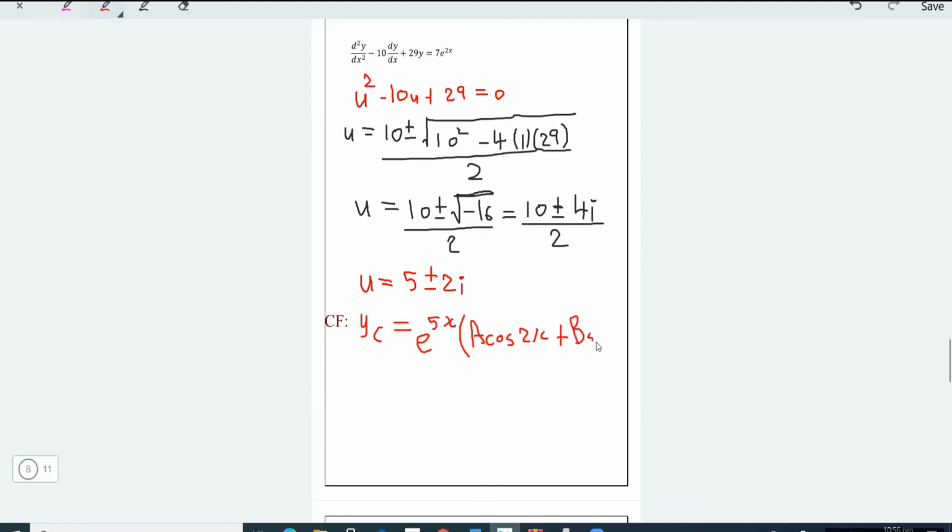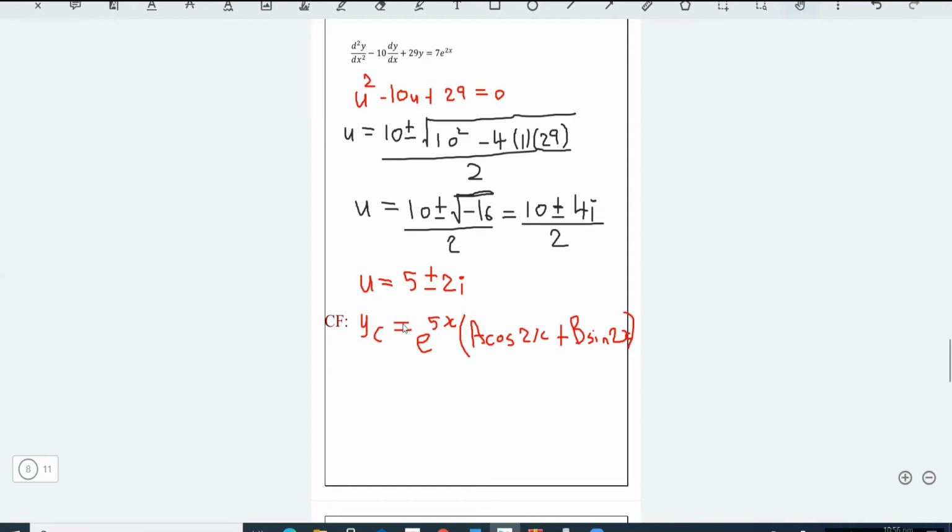Easy, so this will be the complementary function.